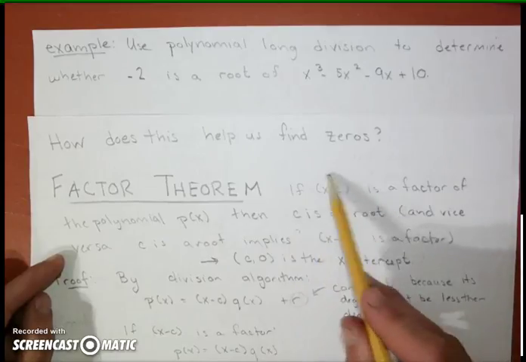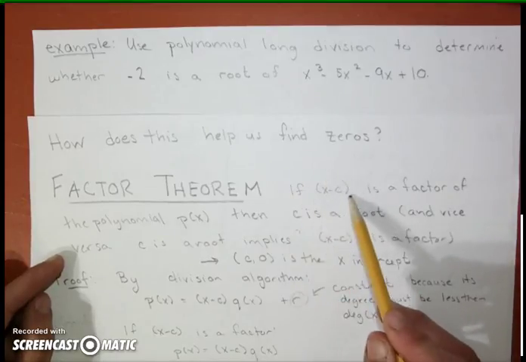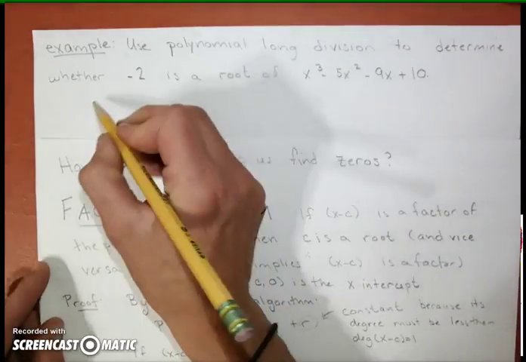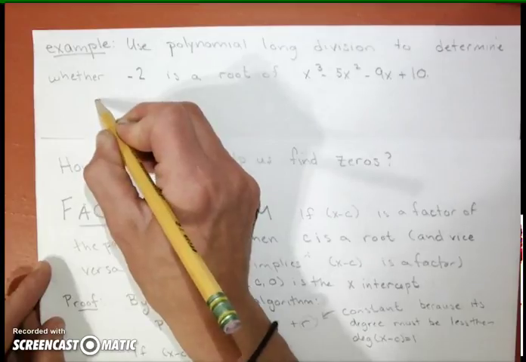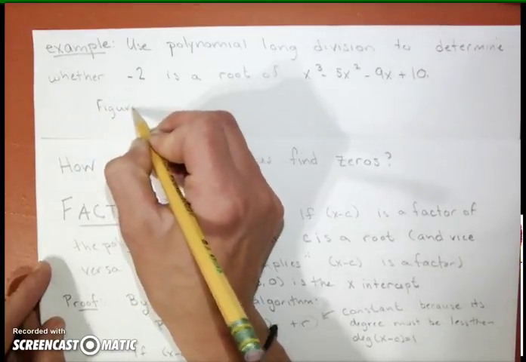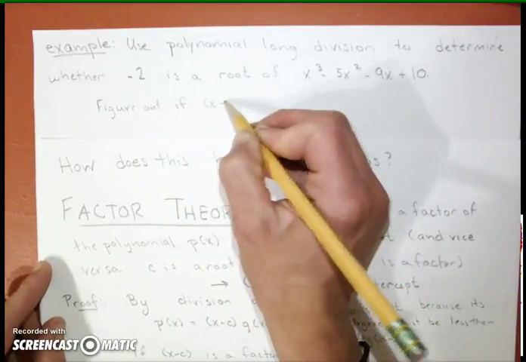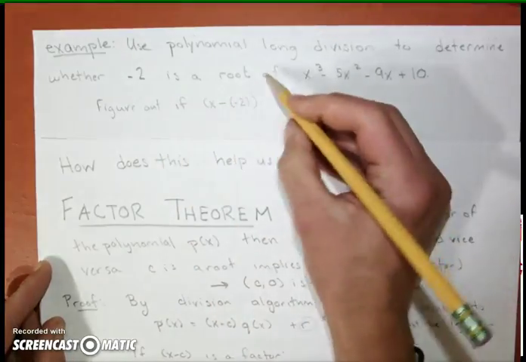In other words, if the remainder when we divide by x minus c is 0, then c is a root. So we want to figure out if x minus negative 2 is a factor.